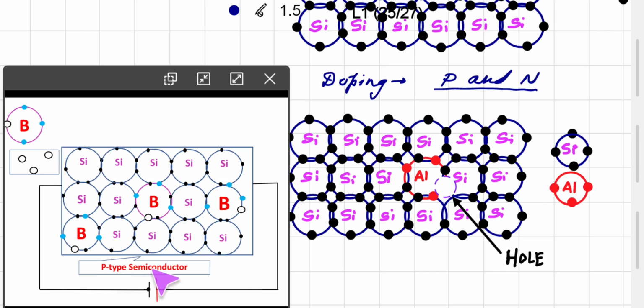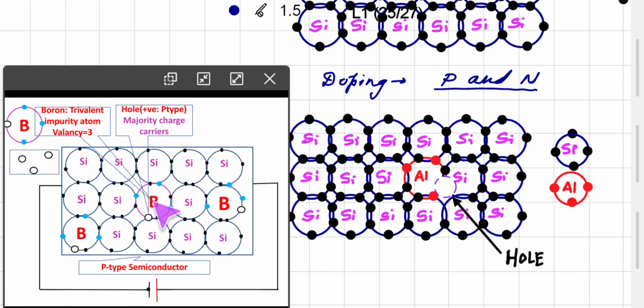So this is a p-type semiconductor. Boron is a trivalent impurity atom doped. When doped, the hole, which acts as the majority charge carrier, is now available.